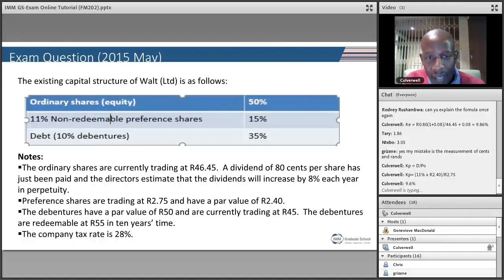So you say plus minus 45, and then you move on to future value. The question said they are going to be redeemed in 10 years' time at 55 Rand. So your future value becomes 55 Rand. Your N after 10 years.